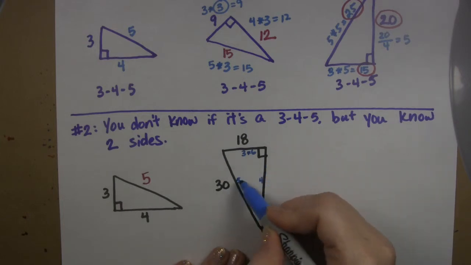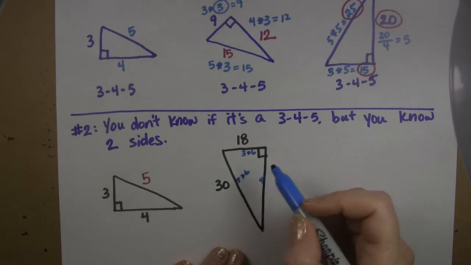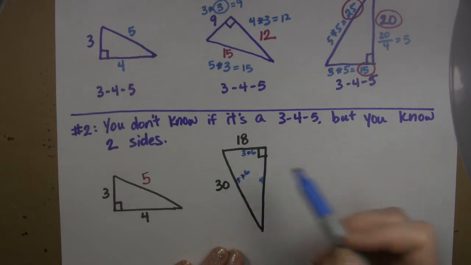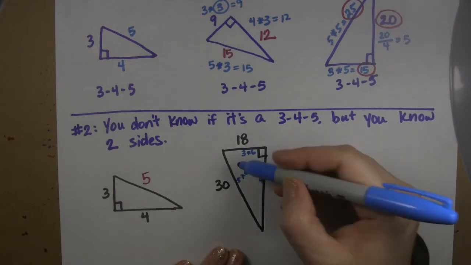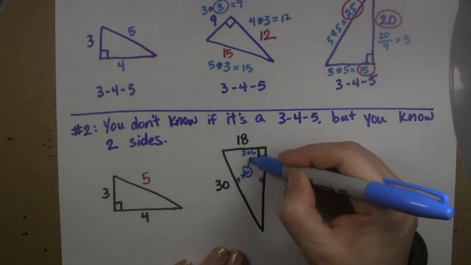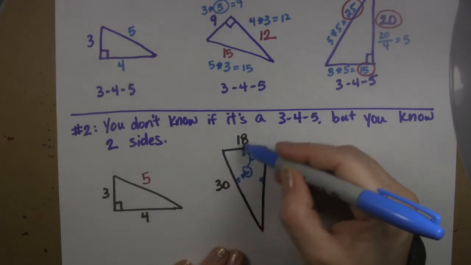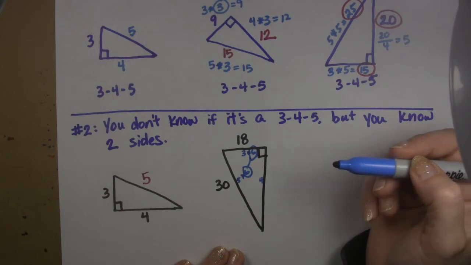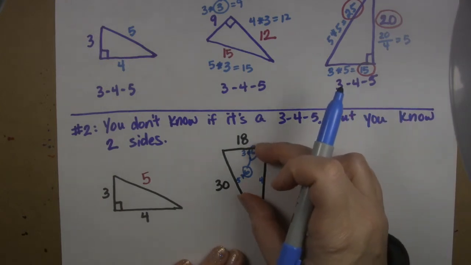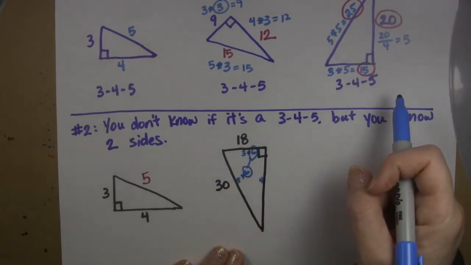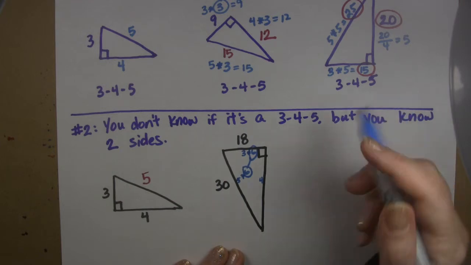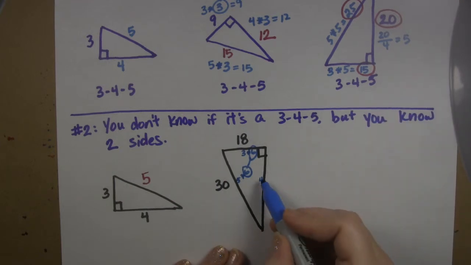Well, over here, how do I get from 5 to 30? You multiply by 6, right? 5 times 6 equals 30. So because I'm multiplying these sides by the same number, I know that they're in proportion to a traditional 3, 4, 5 triangle. So to calculate this other side, I say, okay, this is normally a 4.